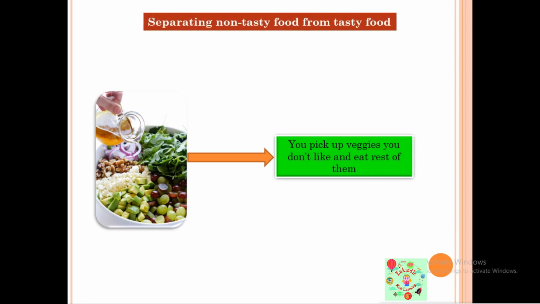You have separated non-tasty food from the tasty food. This is also separation. So, we saw many examples where we do separation in our everyday life. We have also understood that there are many reasons why separation is done. Now, we'll look into these reasons in broad. Let's move forward.